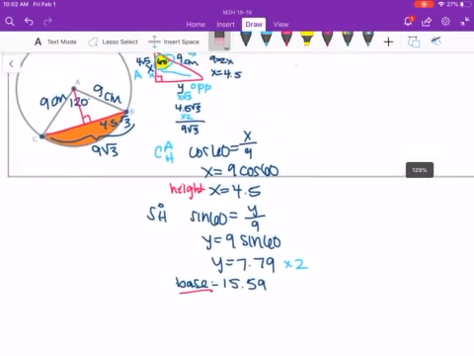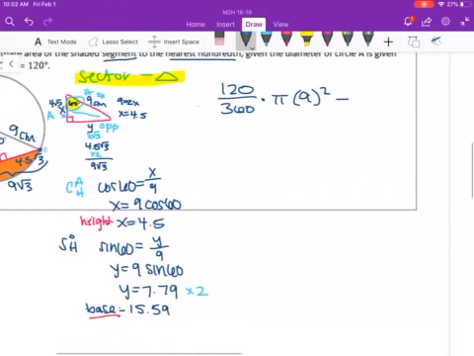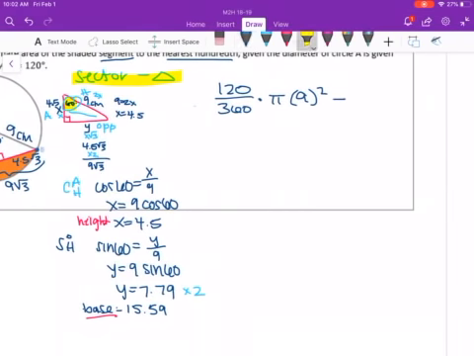So back to the problem, if we're doing sector minus the triangle, the sector is 120 out of 360 times pi r squared, pi 9 squared, and then we're going to subtract the area of the triangle, which is 1/2 base and height, and we have the base and height now.